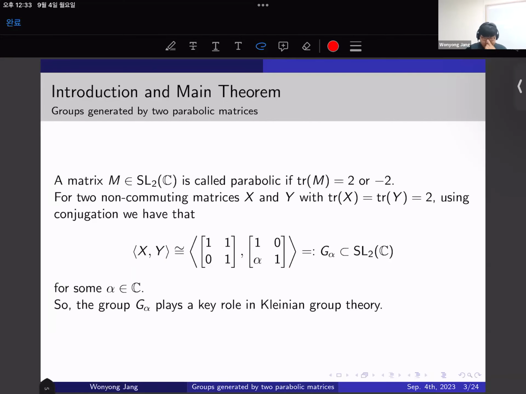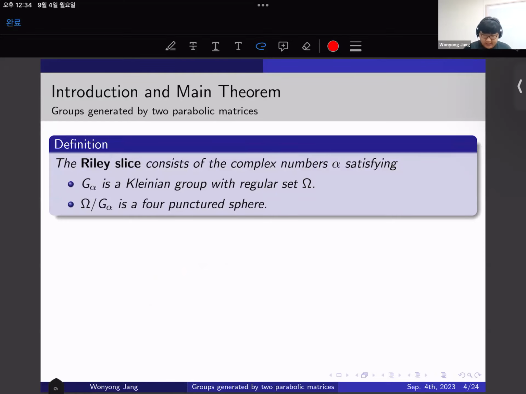Then the group G alpha is important in Kleinian group theory. And one specific example is the Riley slice. The Riley slice is defined as the subset of complex numbers alpha in the complex plane C satisfying the following conditions. The first condition is that G alpha is a Kleinian group, so it means that G alpha is discrete.